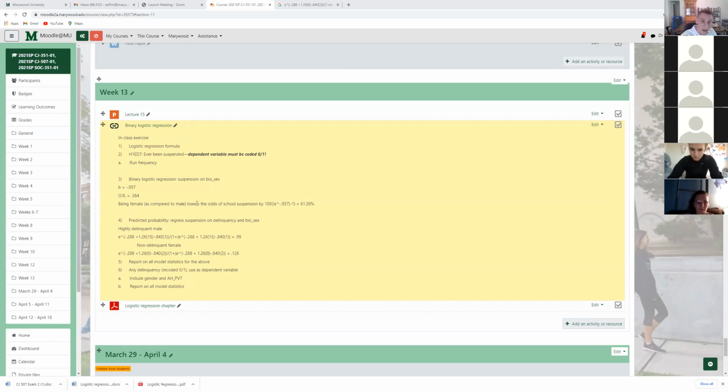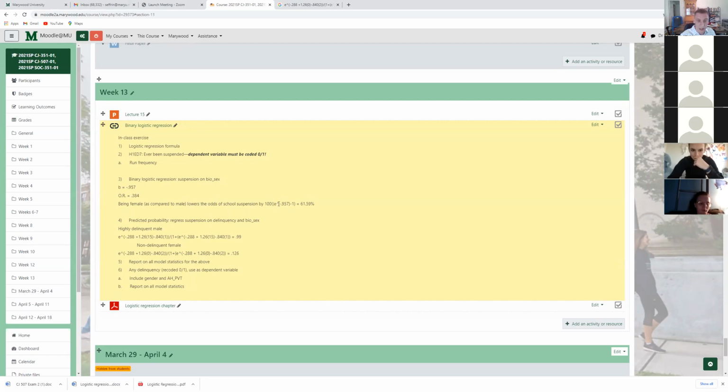The way that you can further interpret this is that being female, as compared to male, lowers the odds of school suspension by... what you want to do is plug it into this formula. Here's your unstandardized beta, and here it's being expressed as a power of E. This works on calculators, and also in Google and Excel.